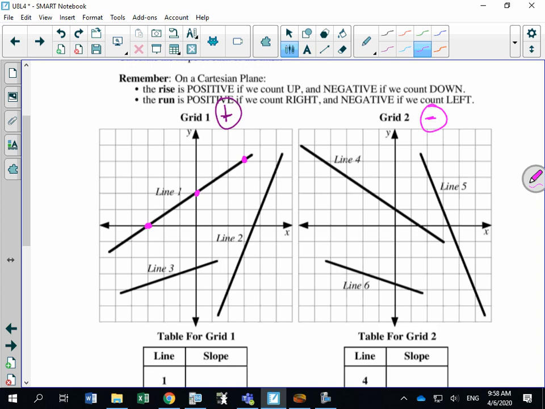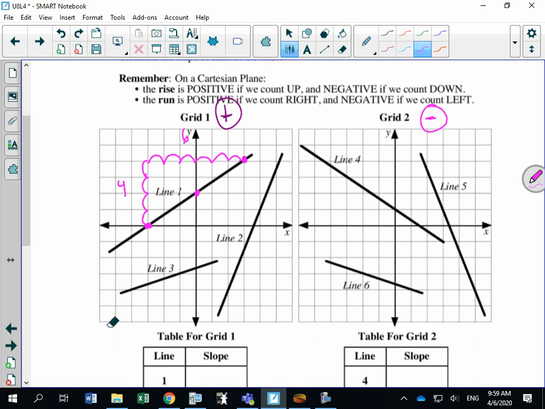And all you need is 2 points in order to be able to calculate the slope. So I'll show you, there's different ways that you could do this. So if I was calculating the slope from this point to this point, watch what would happen. My slope is rise 1, 2, 3, 4. And my run is 1, 2, 3, 4, 5, 6.